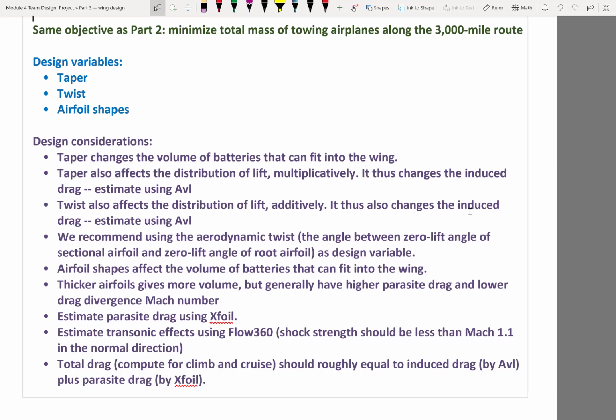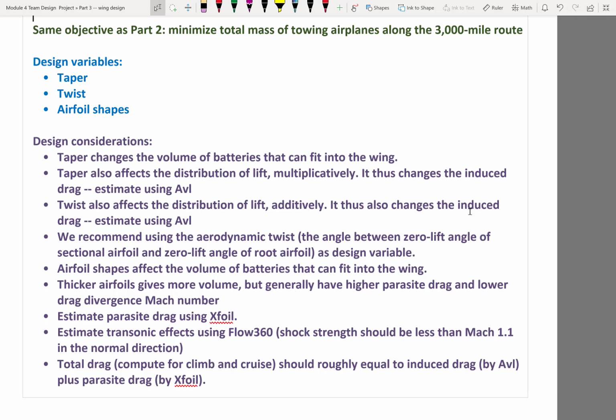We do that because whatever design decisions we make on the twist, if we use just the nominal twist, the twist of the airfoil itself, that twist would be invalidated if somebody else changes the shape of the airfoil, right?